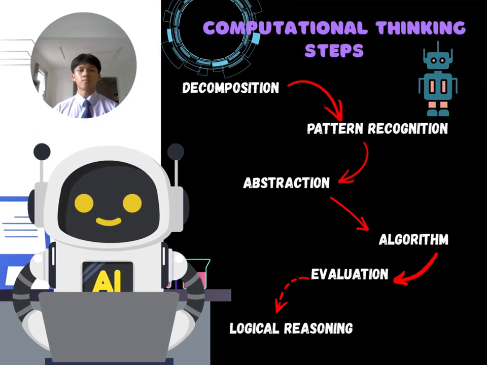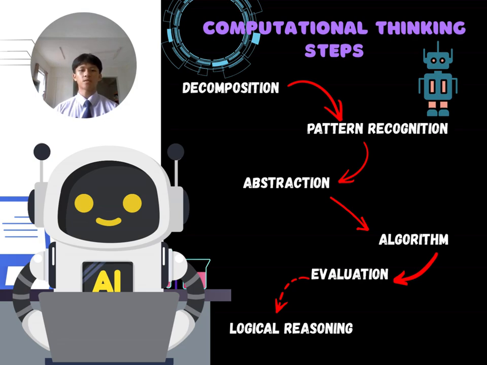To solve this problem, I applied computational thinking, which is a structured approach to problem solving. Computational thinking consists of several steps, including decomposition, pattern recognition, abstraction, algorithm, evaluation, and logical reasoning.